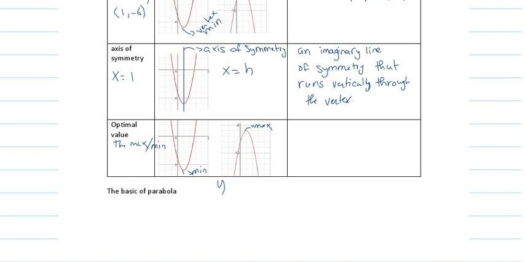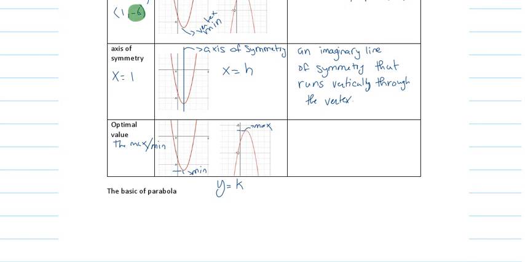Now, that minimum or maximum happens at the vertex, correct? Right? So if you look here, the y value of the vertex is the value of your minimum or maximum.